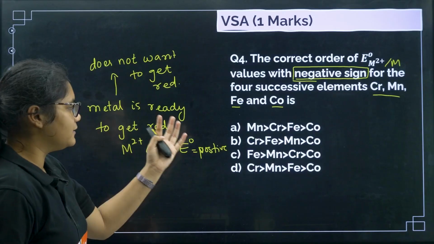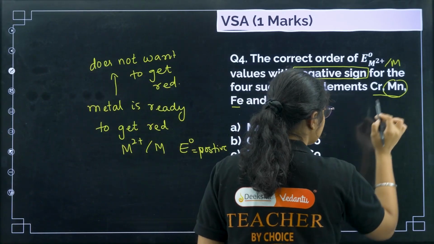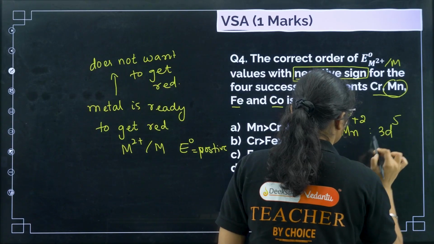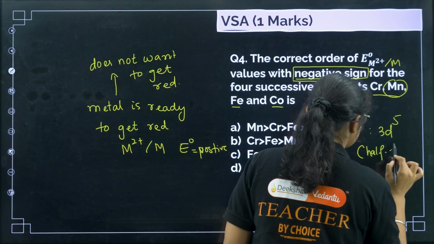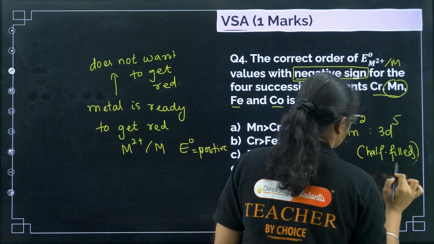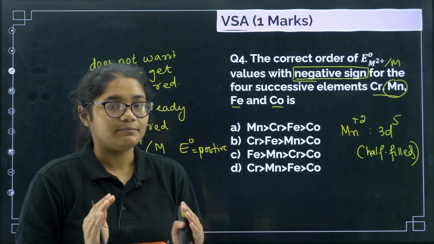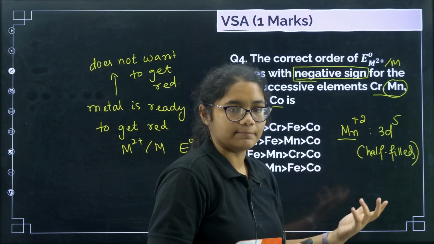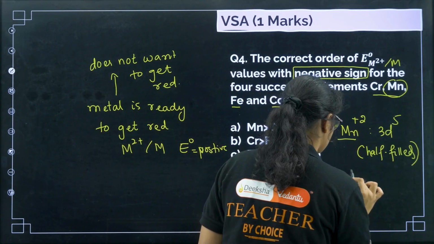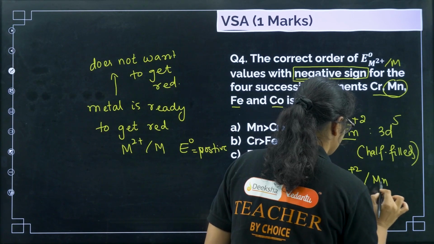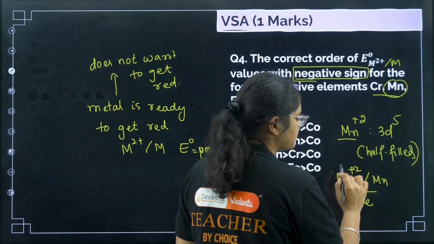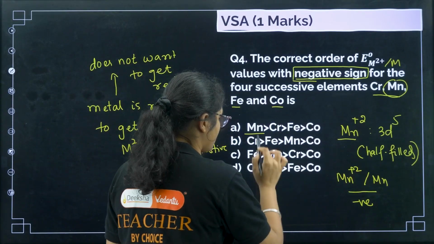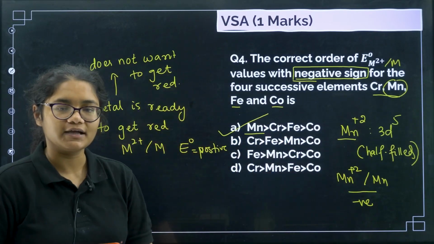Now if you see these elements, manganese Mn2 plus configuration is 3d5, which is a half filled and stable configuration. So that is why this Mn2 plus to M value will be negative, because it doesn't want to get into this transition. So Mn will have the highest value, only one option is correct, so A is the correct answer.